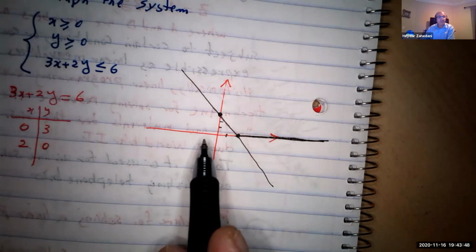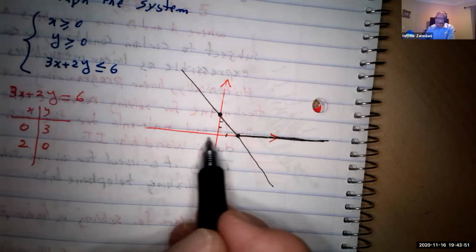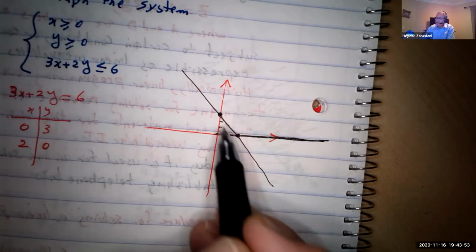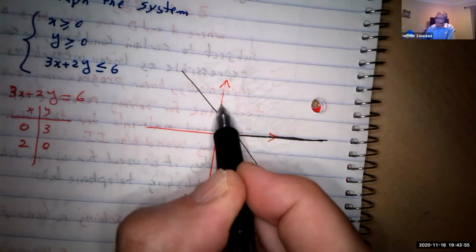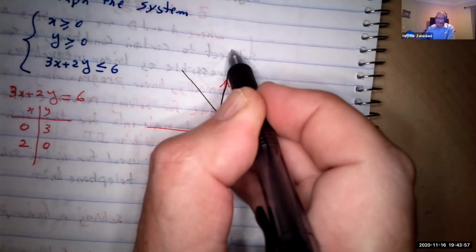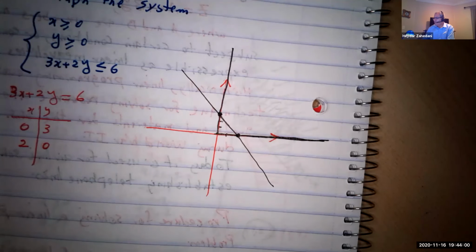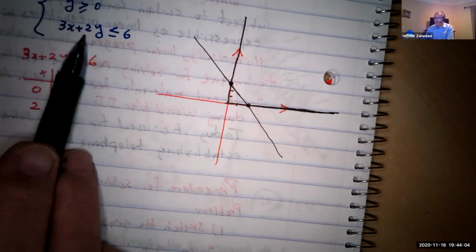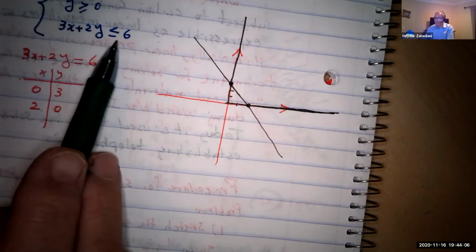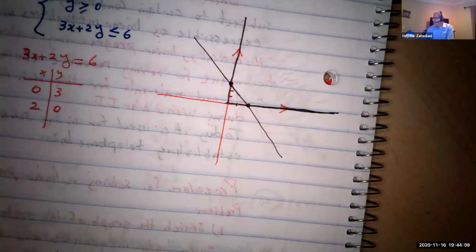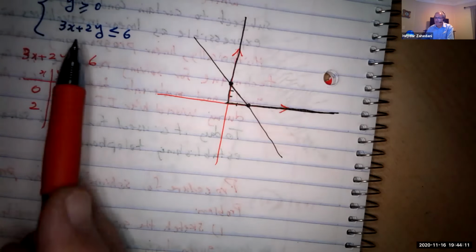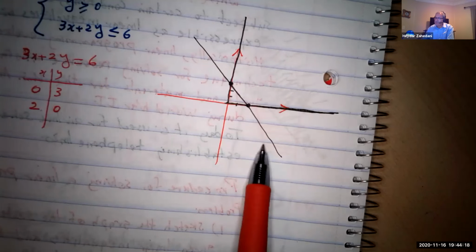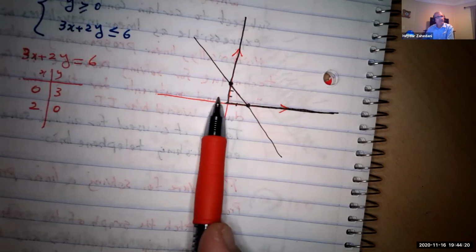Now you check to see where you are going to be. This is 3x plus 2y less than or equal to 6. You can test the numbers, or if you solve it for y, it's going to be less than or equal to, so this means you are going to be interested in the area below.